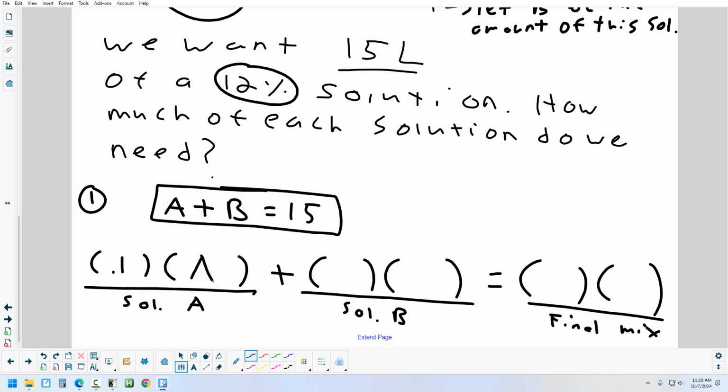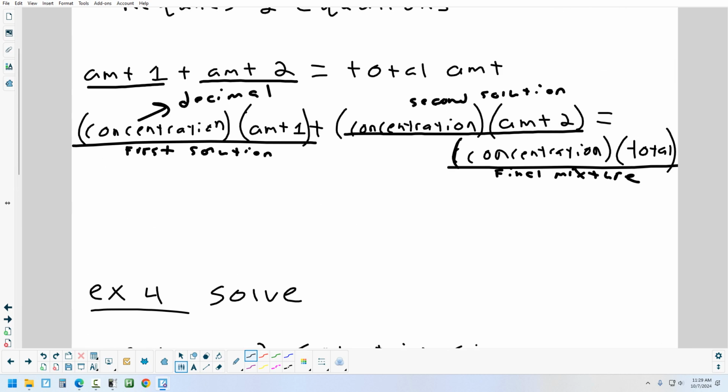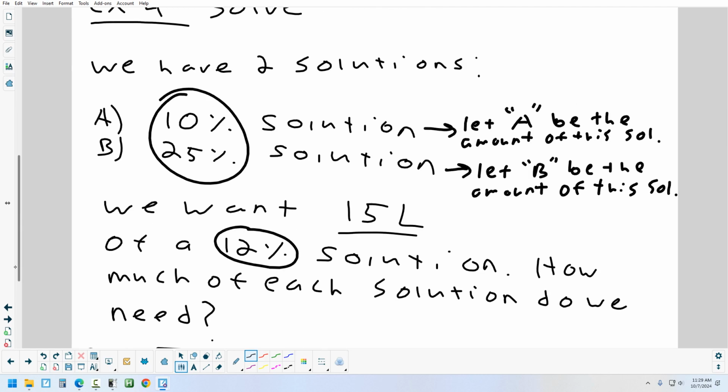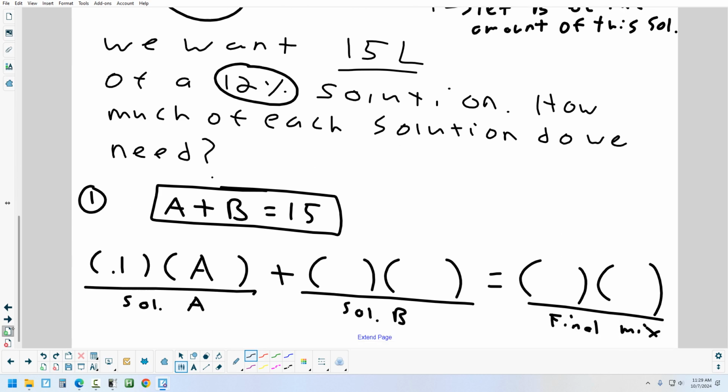A. Okay, now the second solution we're going to pour in. What's the concentration for the second solution? Yep, 0.25. And how much of that solution do we need? B. And now the final mixture. What's the concentration that the final mixture has to be? Yeah. 0.12.